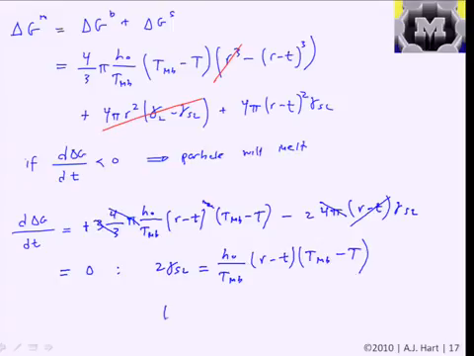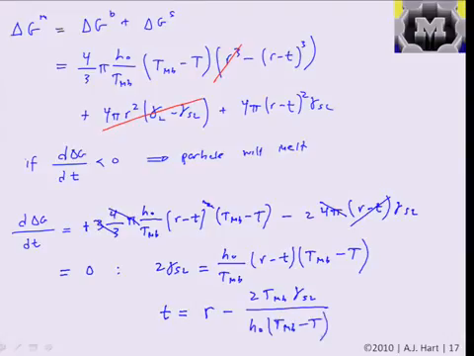And if we solve this for t, then we'll get that the thickness is equal to r minus 2 times the bulk melting point times gamma SL divided by H naught times the temperature difference.